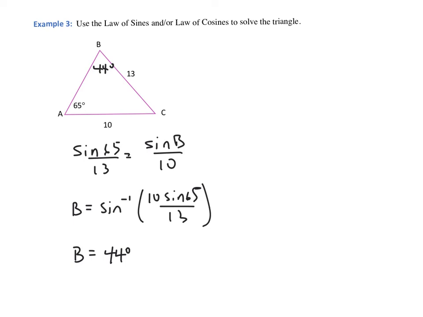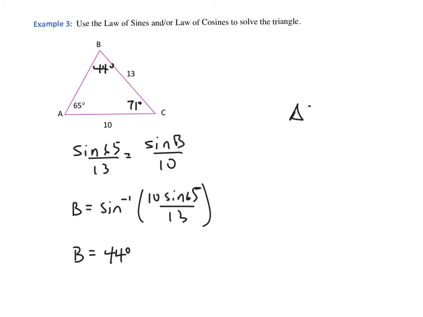First, tell me what angle C is in this triangle. 71. Anybody need help getting the 71? What's the sum of those 3 angles? Can it ever be anything other than 180? No. Okay.